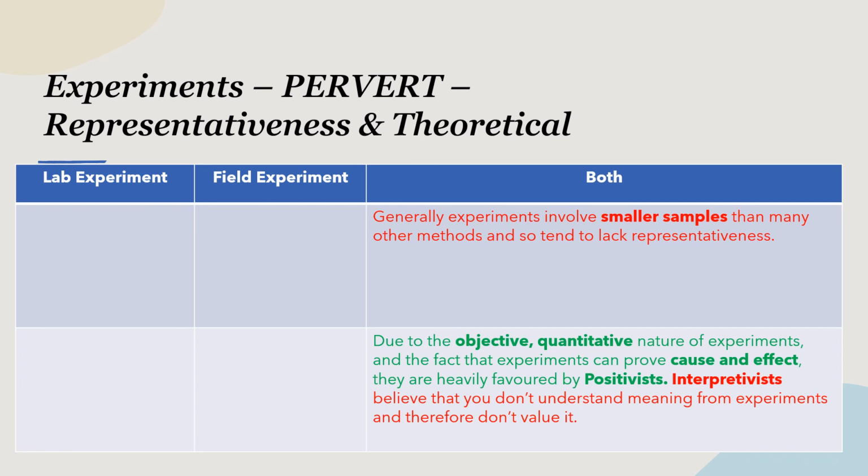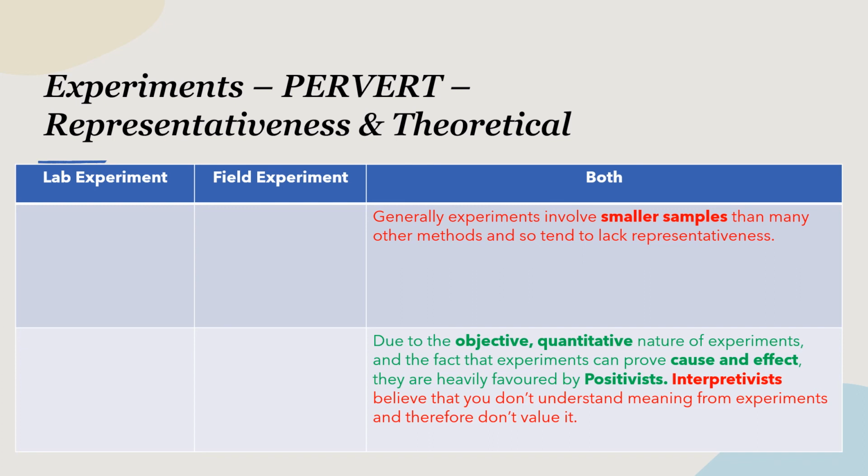Interpretivists, though, don't think it's possible to prove cause and effect. You can't prove cause and effect when you're studying people in the same way that you can when you're studying things like rocks or stars or atoms. Because people think, people have consciousness, they have free will, they change how they react to a cause. So they don't see it as very valuable at all.